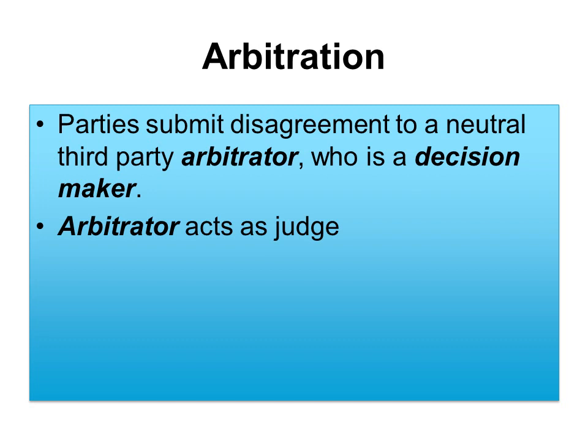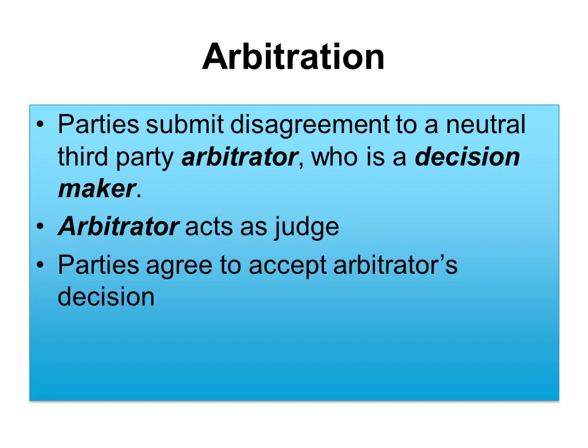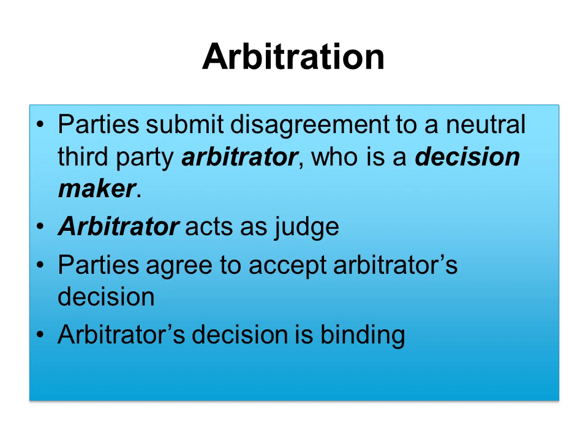The arbitrator is not a judge, but acts like a judge. The parties, before entering arbitration, agree to accept the arbitrator's final outcome. Thus, the arbitrator's decision is a binding decision.